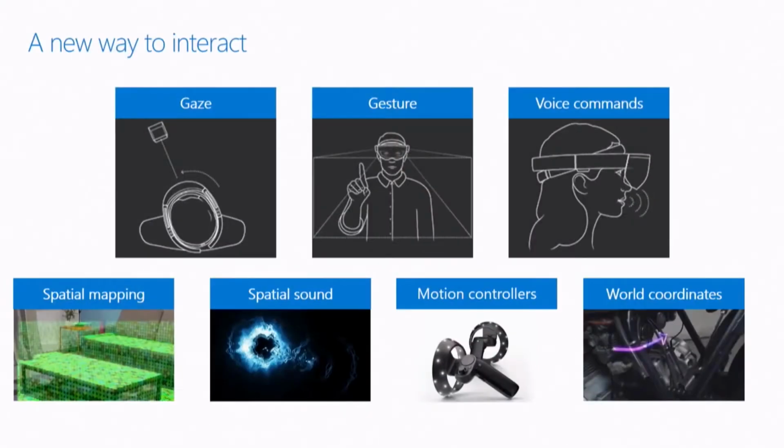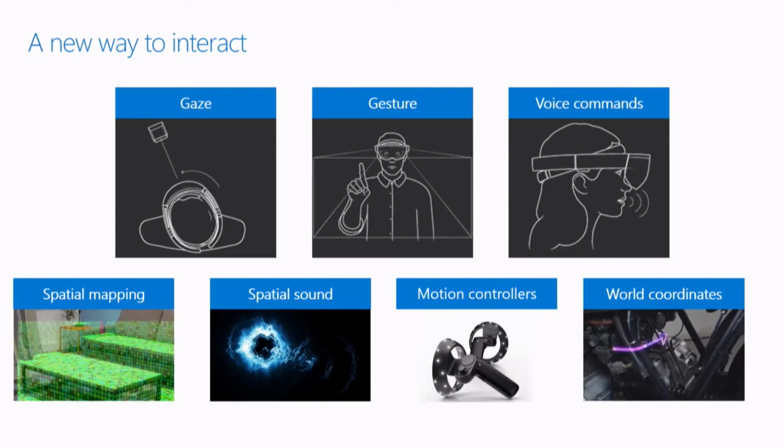Also, we created different types of ways you can interact with the device, and how the device can understand where you are, and basically you can control some things in your virtual world, or you can control some digital items in your physical world.